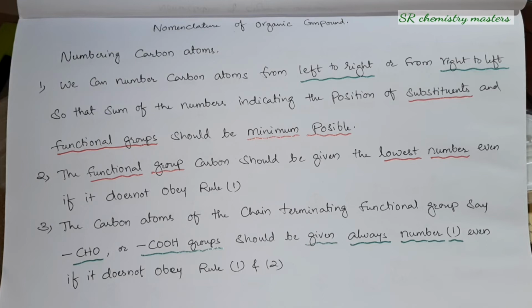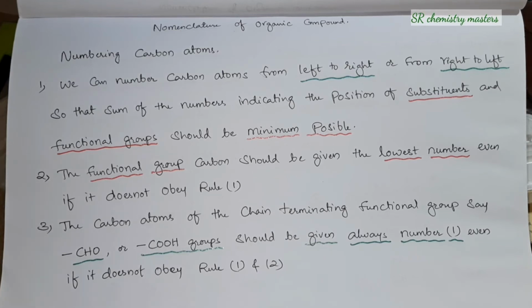The first rule is you can number the carbon atoms from left to right or right to left, and you should see that the substituents and functional group get the least possible numbers. The second rule is the functional group carbon should be given the lowest number, even if it disobeys rule 1.